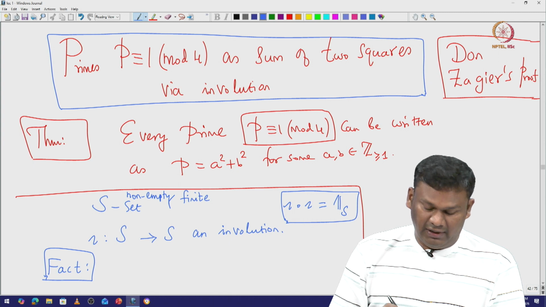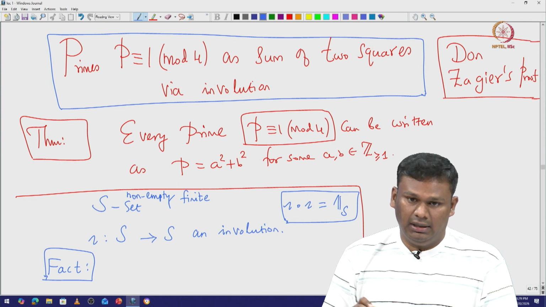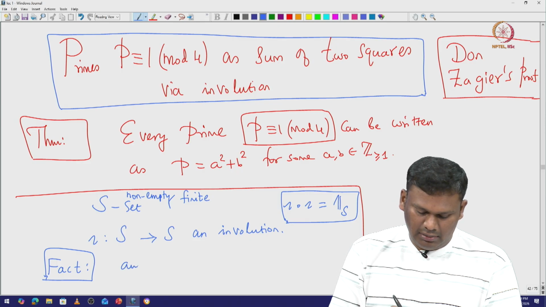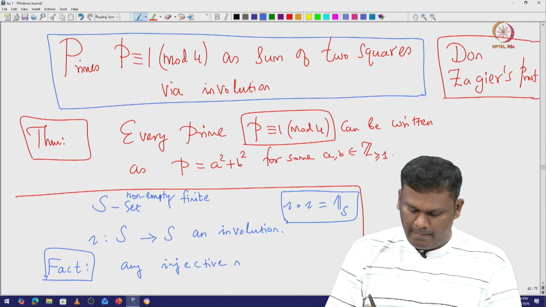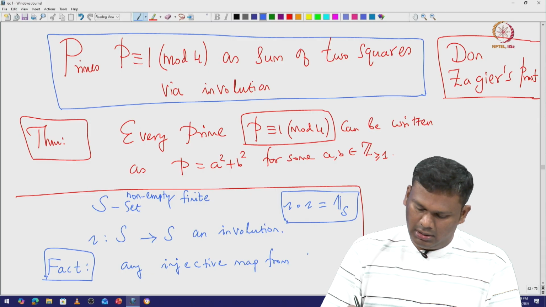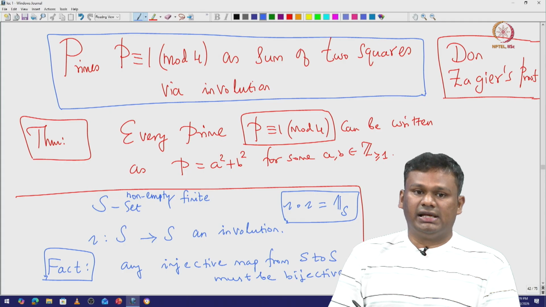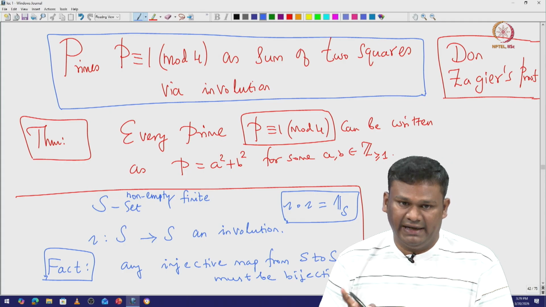So, the very first fact which I am again hiding under the carpet is that any injective map from S to S must be bijective, since S is assumed to be a non-empty finite set.